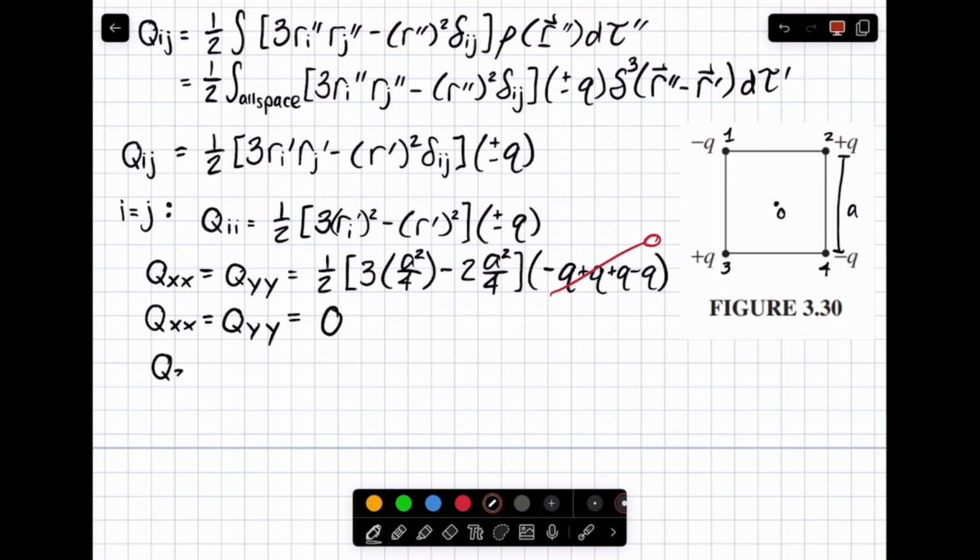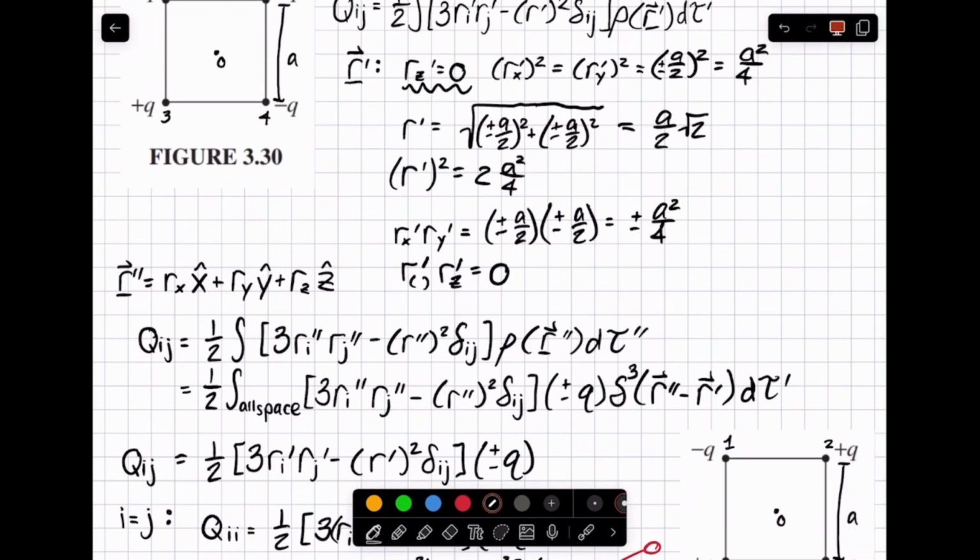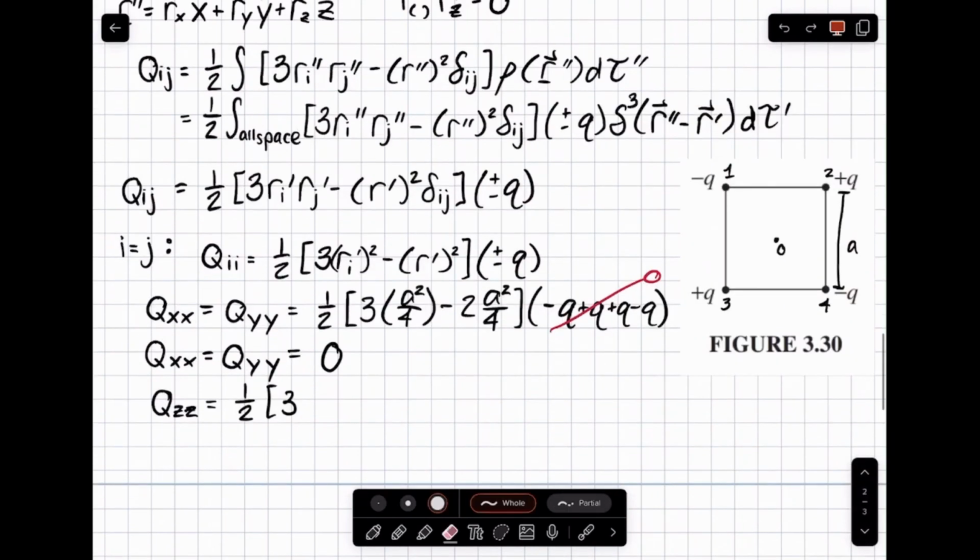Now, if I go to evaluate q_zz, a similar thing happens, but I'll work it out. And r prime sub z, if you remember, is just 0. So this first term here becomes 0.